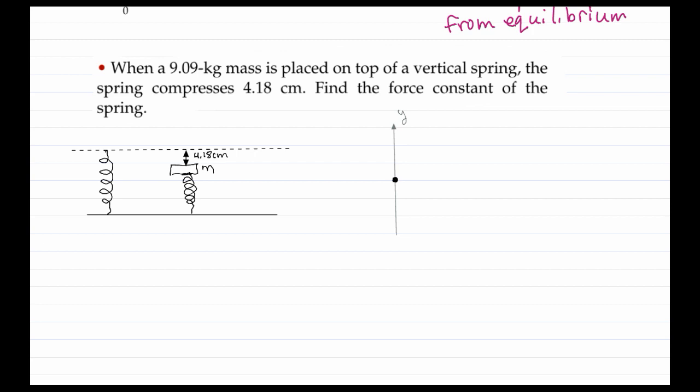So here's our mass, and we want to draw the forces. So first of all, there's a weight which is downwards due to gravity, and there's a spring force upwards. That's the restoring force of the spring. We're compressing the spring, and it wants to be pushing back to get to its original position.